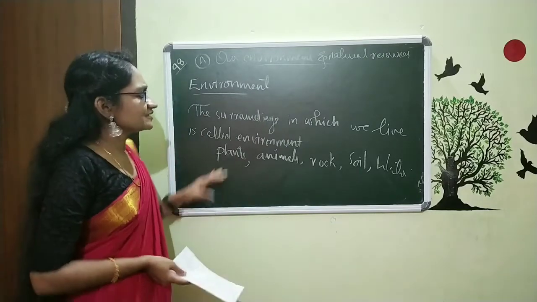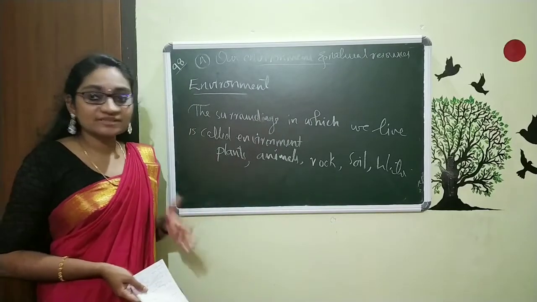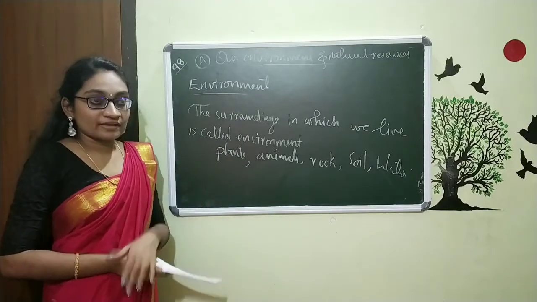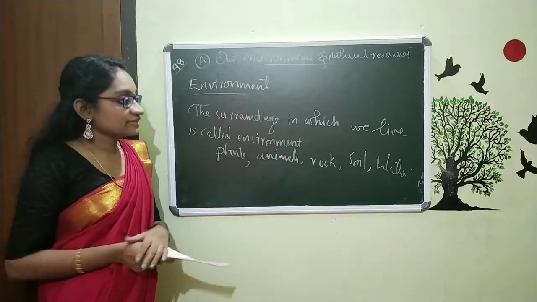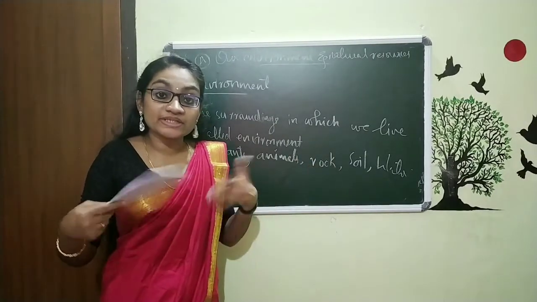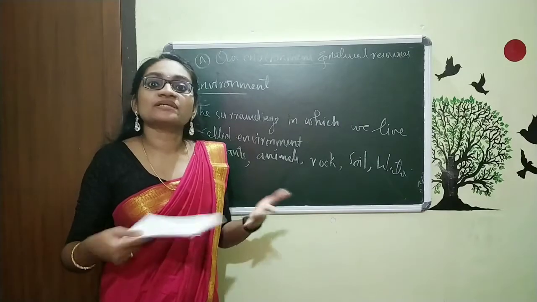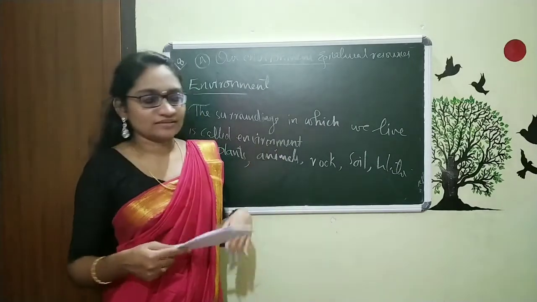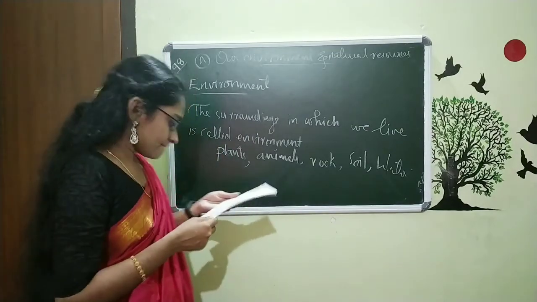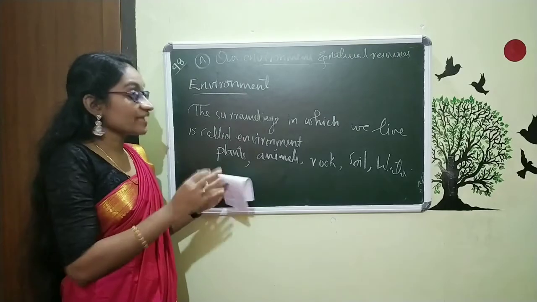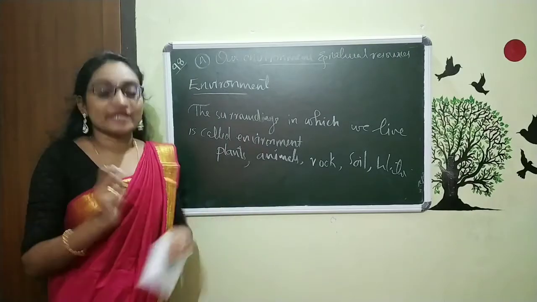So, we are continuously using this environment. We are eating plants, also we are eating animals, and we are using rock, soil, water, everything we are utilizing. Actually, we are making some sort of problems for it, or we are spoiling it by continuous usage. We are converting these things into waste.